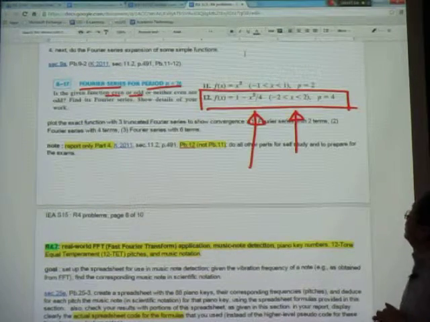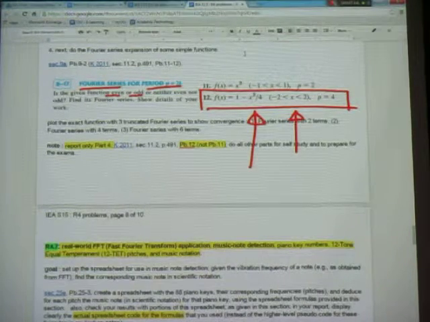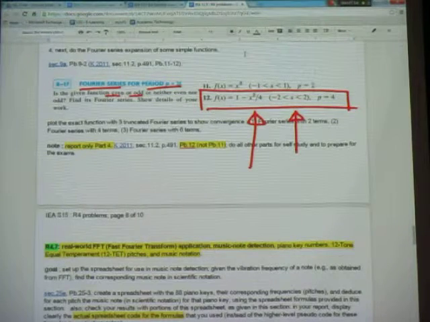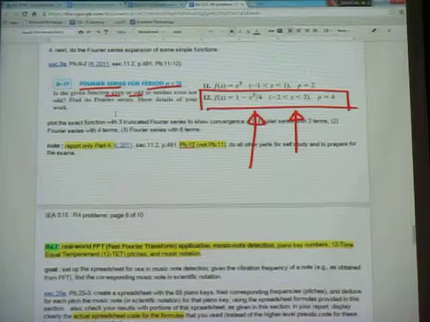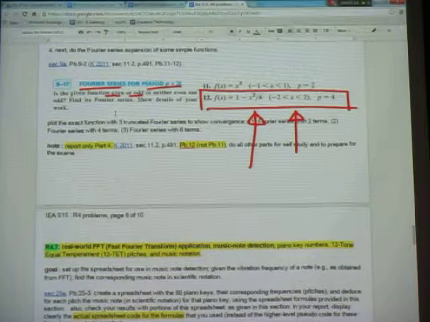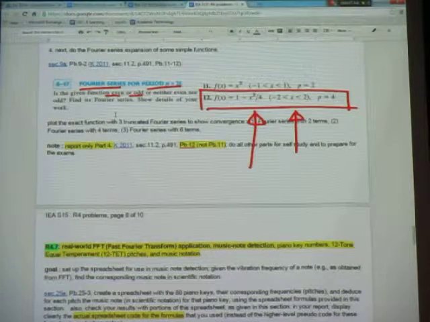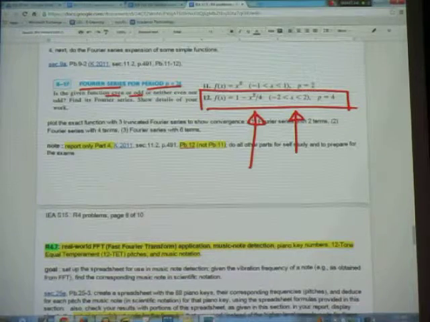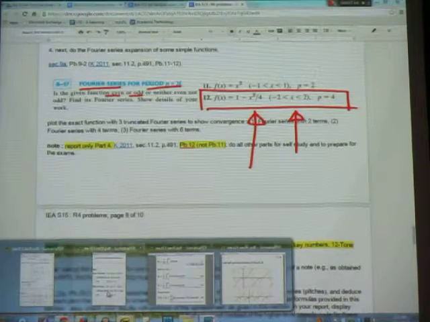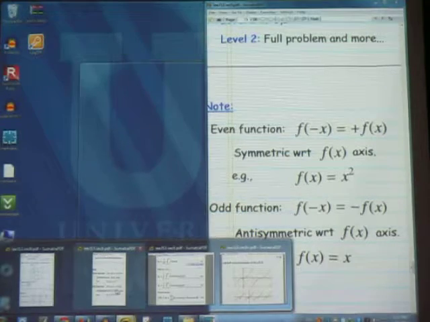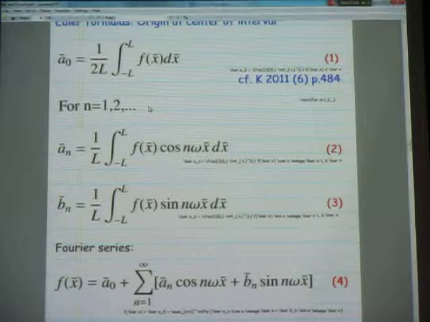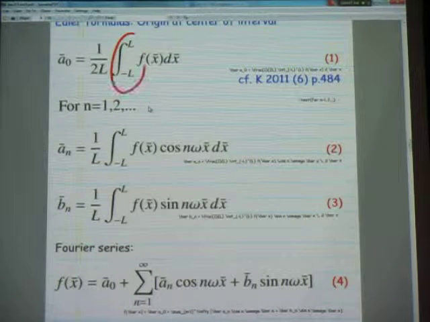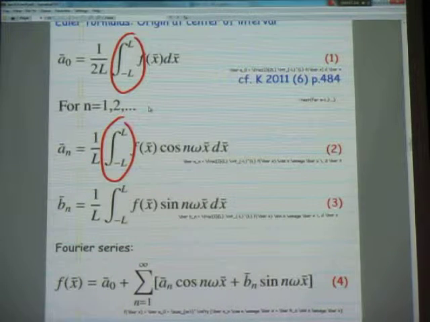So, Fourier series: what is the Fourier series of an even function or an odd function? With this, let me go back to the formula that is centered about the period. You see the integral is from minus L to L.